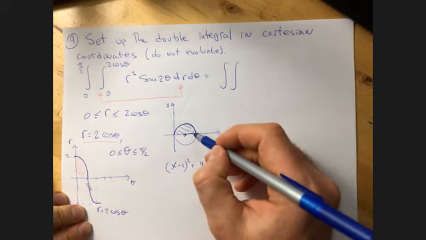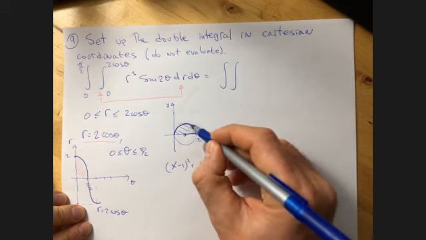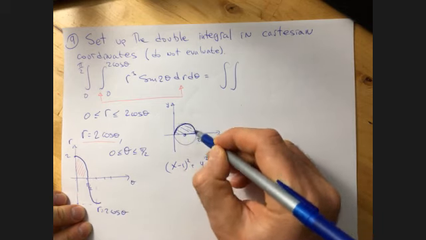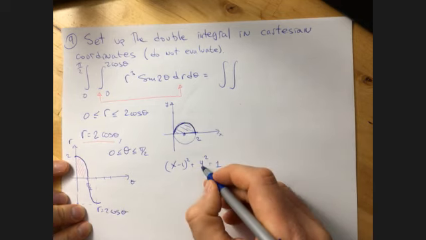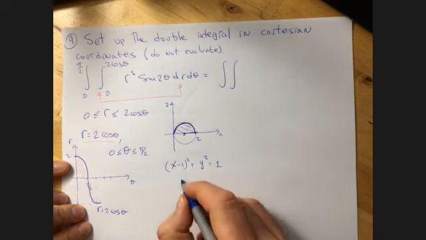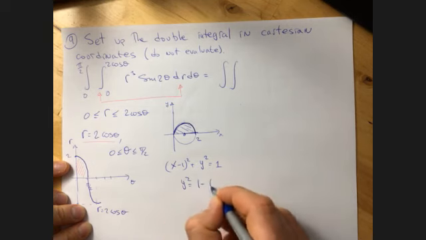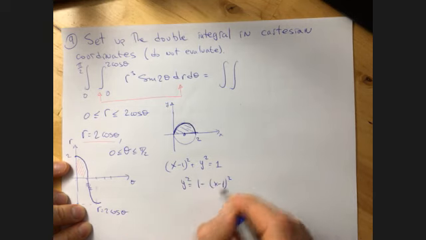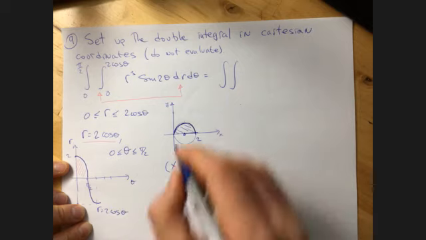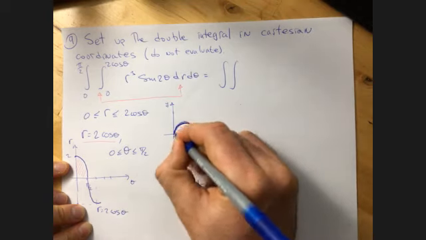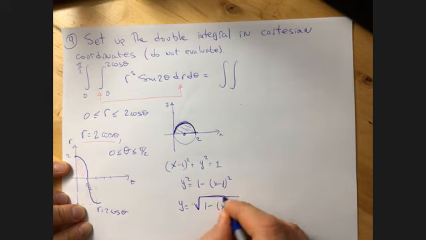So how am I going to describe this semicircle? Well, here I can see that all the y values are positive, so let's express y in terms of x. Y squared is equal to 1 minus x minus 1 squared. And then y is equal to square root of 1 minus x minus 1 squared. So here I should have plus or minus, but because we're talking about the upper semicircle, this is just the positive square root.